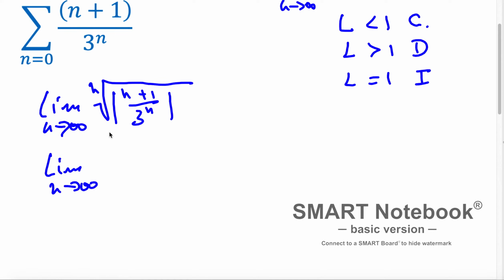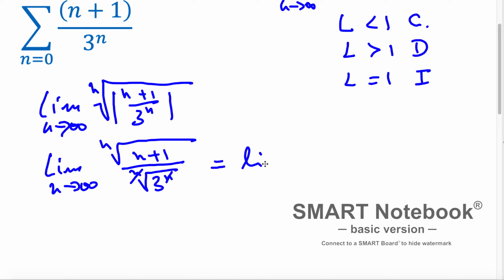Now we can divide this into two radicals: the nth root of n plus 1, and down, the nth root of 3 to the n. But the index n with the power is going to simplify, and just 3 is going to remain, and here is the nth root of n plus 1.